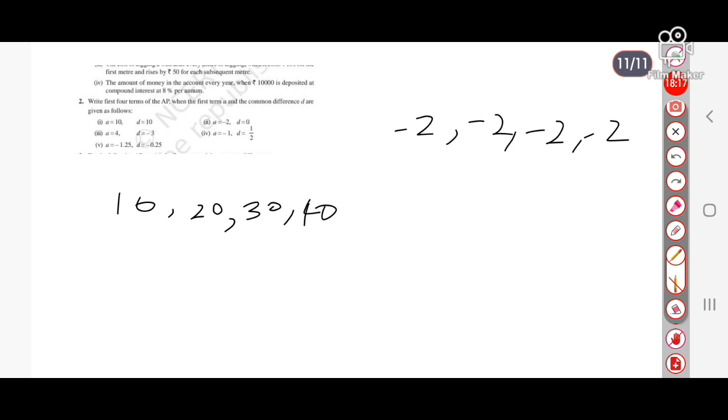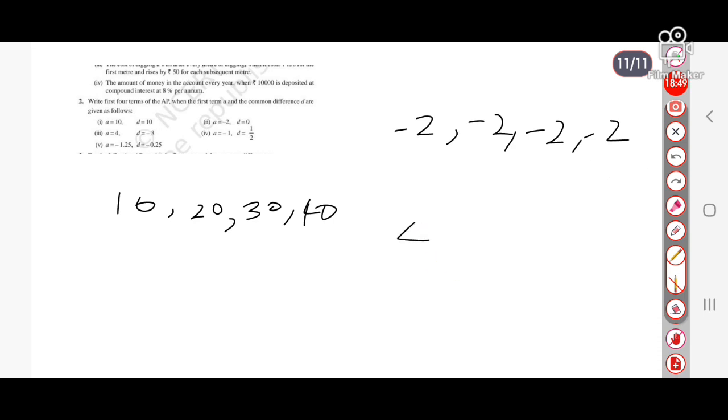Whether the same number without change in sign repeats n number of times, absolutely it forms an AP, because the common difference is the same. Whatever the number may be, 0, 0, 0 or 1, 1, 1, if it repeats n number of times without any change in between, it forms an AP because of common difference 0.